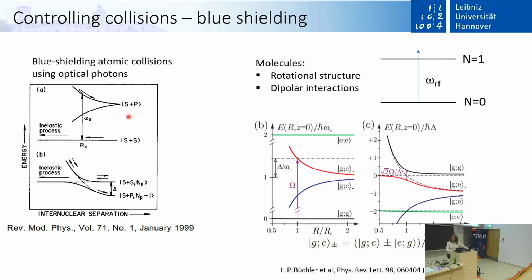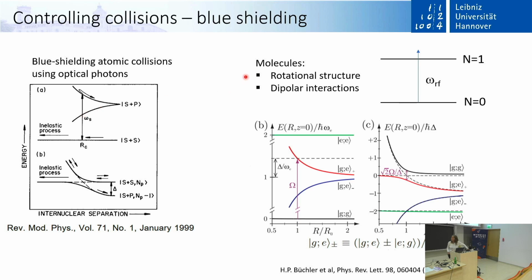You have an excited S plus P threshold. You couple those two thresholds with some additional photon. Now you get an adiabatic energy picture and an avoided crossing. Two atoms will come in, they see a repulsive energy barrier and go back up. The disadvantage of this scheme at the time was that you have spontaneous emission for optical photons, meaning that whenever you use the scheme for shielding, you suffer loss from spontaneous emission.